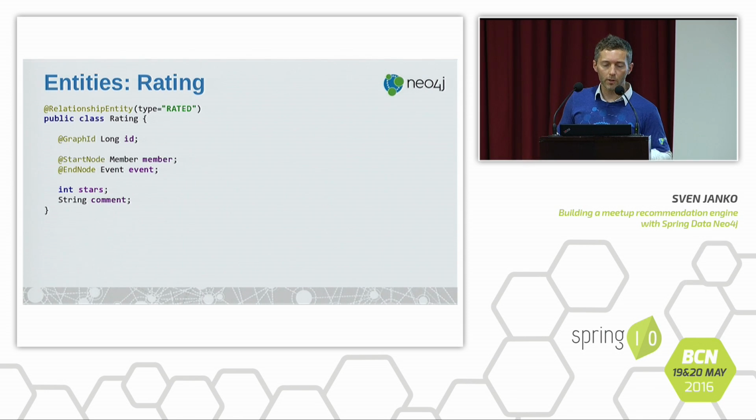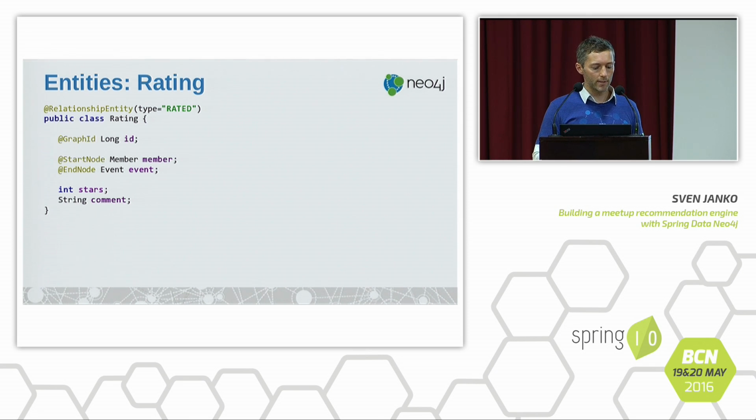So if you now think about our previous example, we have talked about two very, very simple recommendation examples. You could also, as I've already said, use a complex rating function in order to make your recommendation more sophisticated. And that is an example of how you can then model a relationship which has some attributes, some parameters on it.